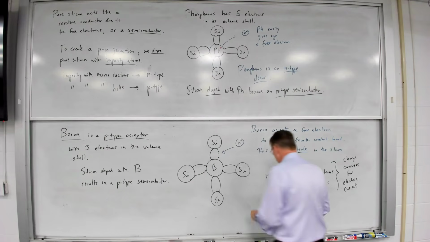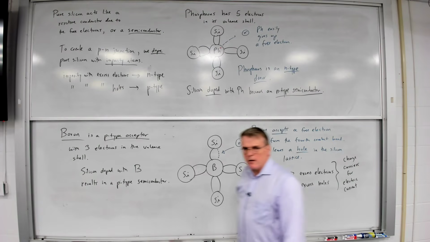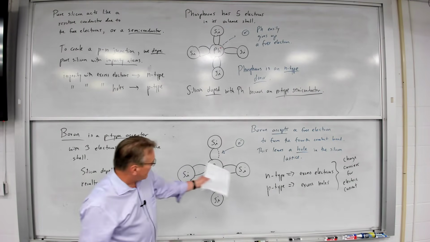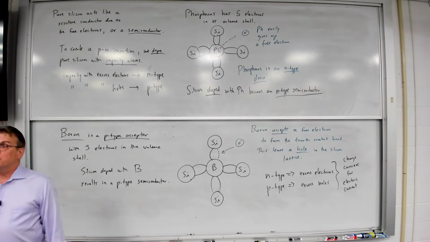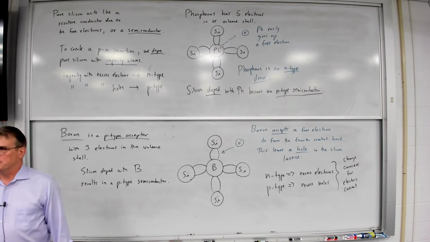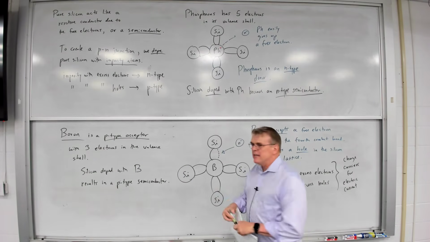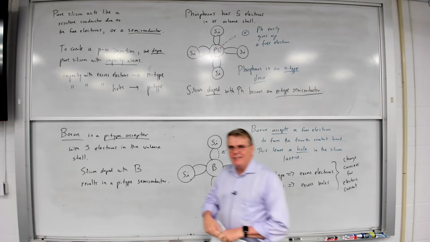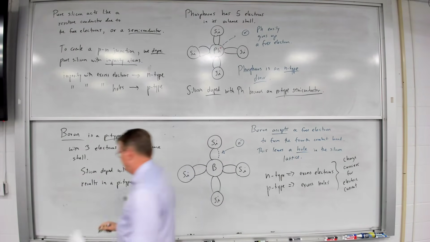Okay? Now, if I add lots of phosphorus or lots of boron to a silicon lattice, I'm going to create more charge carriers. And so in this case, what I find is doped silicon is a better conductor of electricity than pure silicon.